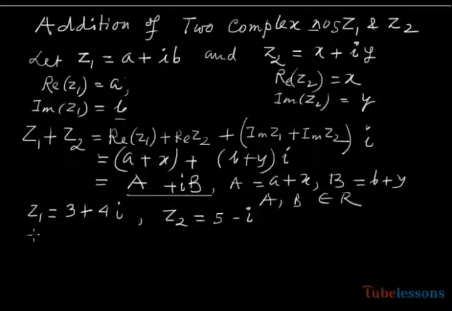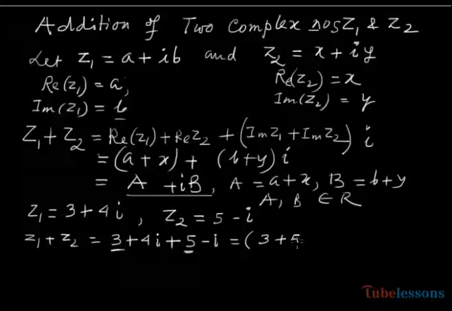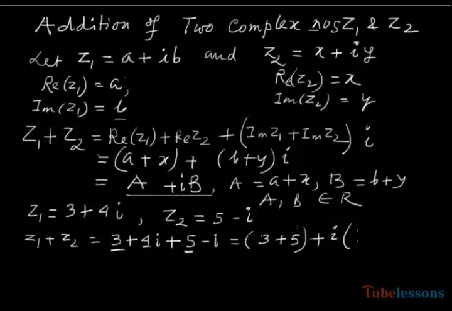Now how to add? Z1 plus Z2 is equal to 3 plus 4i plus 5 minus i. So first, these are the real parts, so add up 3 plus 5, plus next the imaginary parts, 4 and here minus 1.